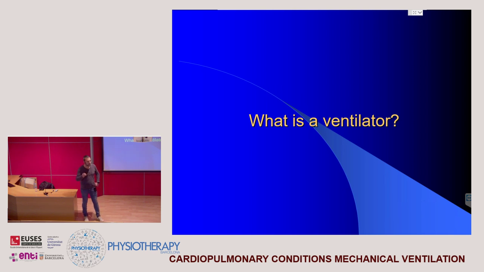If you remember, when we are breathing, during the inspiration we perform a negative pressure, and during the expiration a positive pressure. In this case, it's the opposite. During the inspiration, the ventilator delivers air via a positive pressure, and during the expiration, it exhales with a negative pressure. So we have to know how this ventilation unit works.